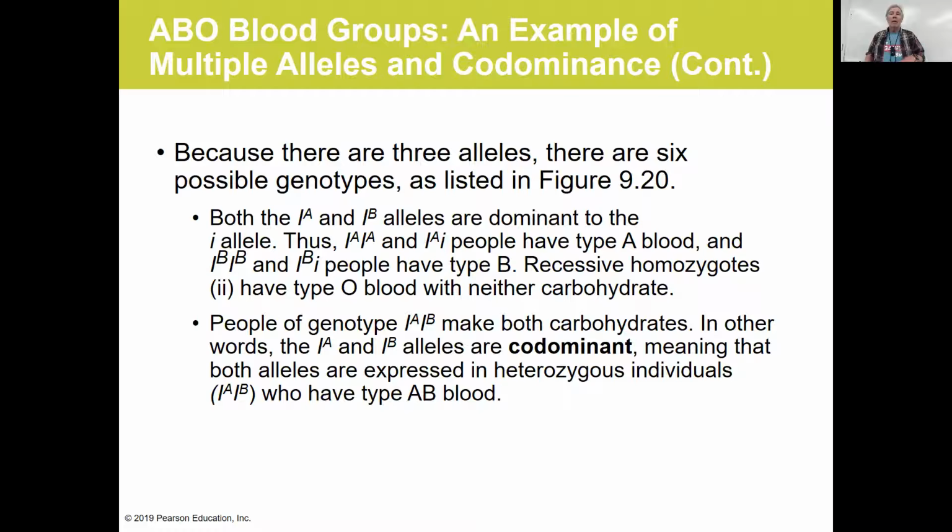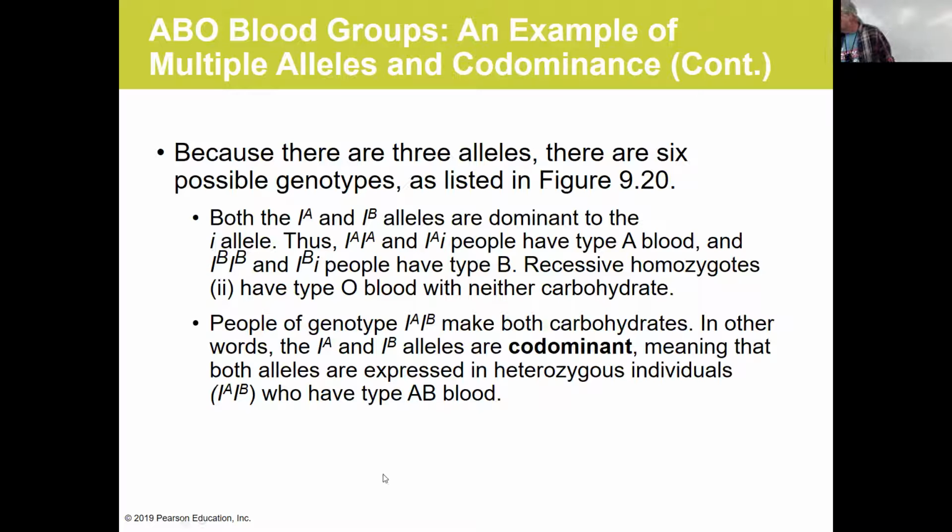With blood type AB, there's only one genotype possible, AB, so it's the same as the blood type. And then for O, there's only one possible genotype, and that's ii, two small i's.